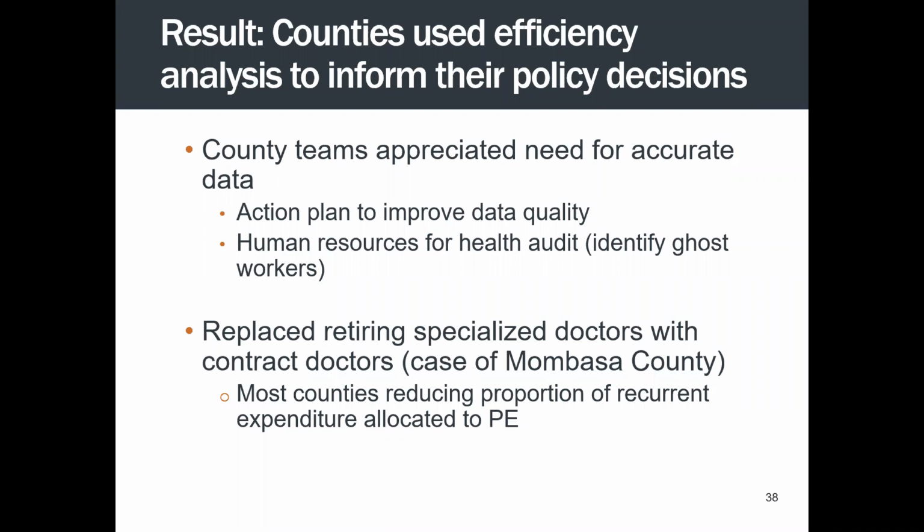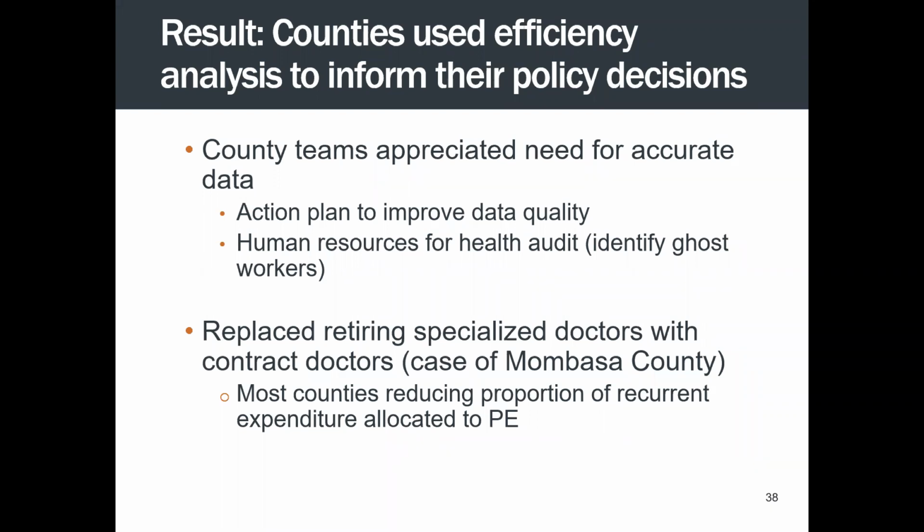And in some cases, like in Mombasa, using the evidence they saw out of this discussion, they decided to undertake a human resource audit and identified that some of the bills that were debited to their department were actually for other departments or for staff who could not be traced. Through such corrections, you can now see that the allocations are able to stabilize, where the county is able to reduce the expenditure, especially recurrent expenditure for PE.